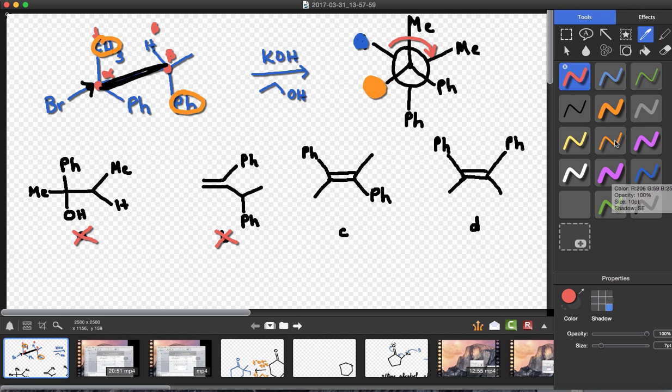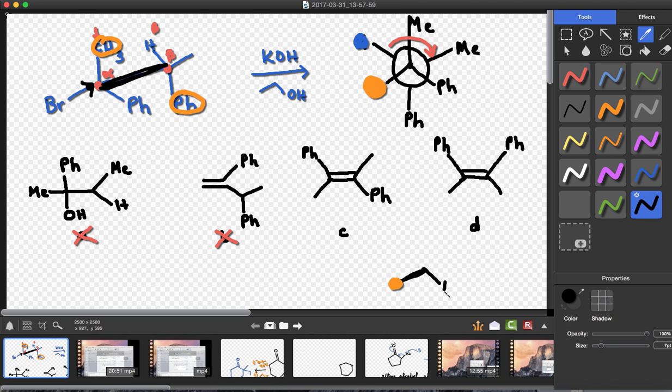What this means is that on the front carbon, the bromine is still down and to the left. And of course, all the other atomic positions are the same as well.